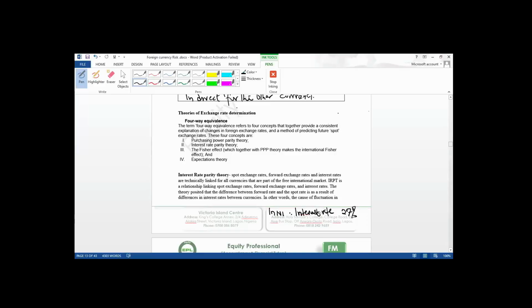What are these theories all about? As finance professionals, we should ask ourselves, why is it that 1 naira is not equal to $1? Why is it that 1 naira is not equal to £1?